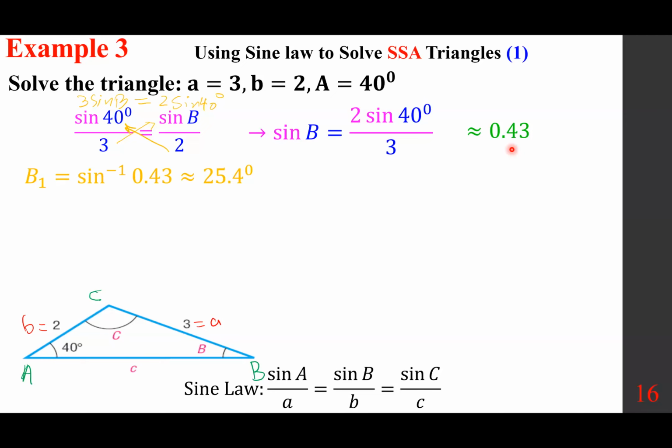So I call this B sub 1 instead of just B. Because if sine of B is 0.43, and the angle is 25.4 degrees in the first quadrant, if we subtract this from 180 degrees, in the second quadrant, it becomes 154.6 degrees.